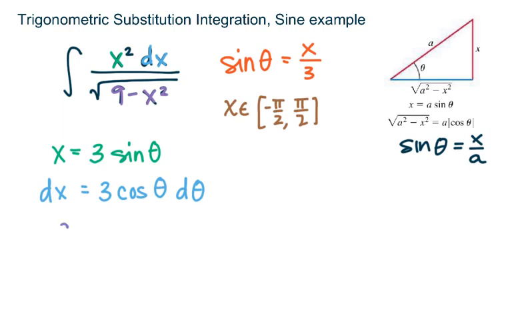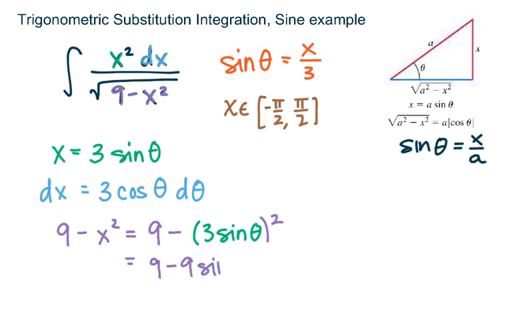In this situation, 9 minus x squared is equal to 9 minus 3 sine theta squared, or 9 minus 9 times sine squared theta.